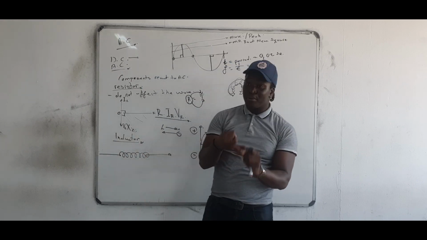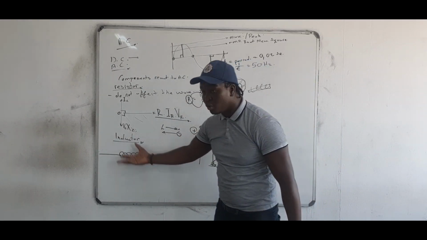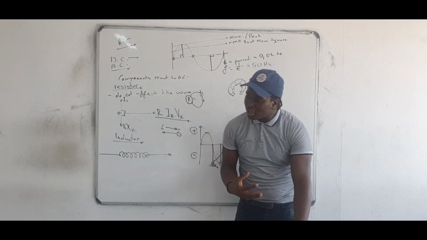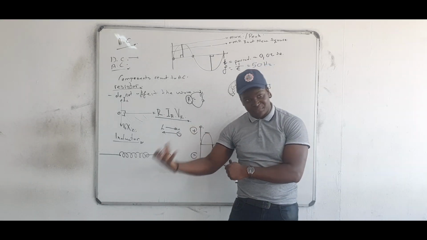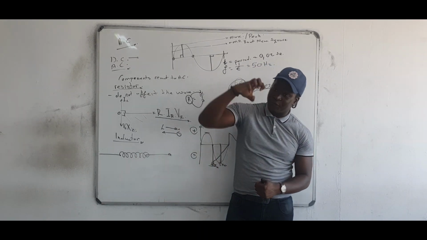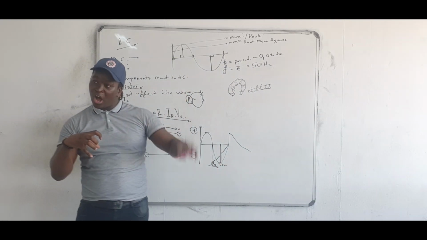And then the last one, the best for last, is the amount of current, because any current carrying conductor produces a magnetic flux. So the amount of magnetic flux produced by that current carrying conductor depends on how much.